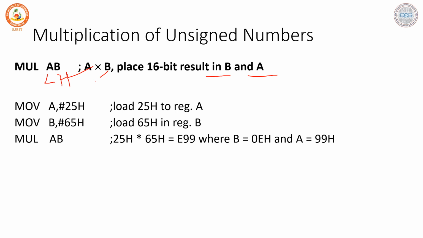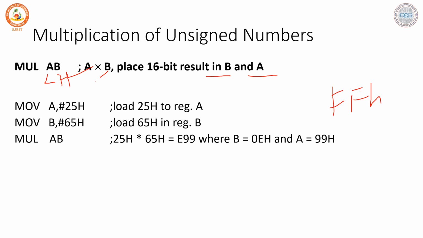When you perform the multiplication of 8-bit numbers, the overflow flag may be set if the result is greater than FF, and the carry flag will be cleared to 0.